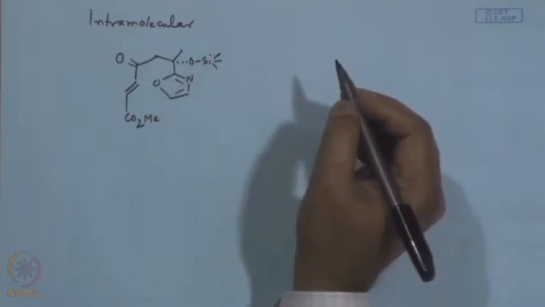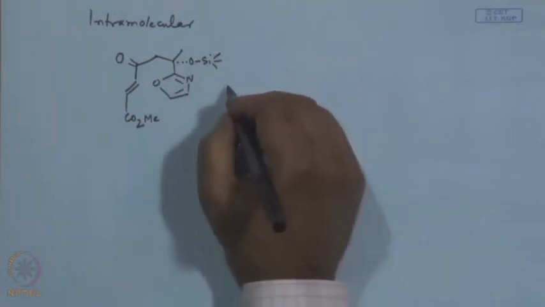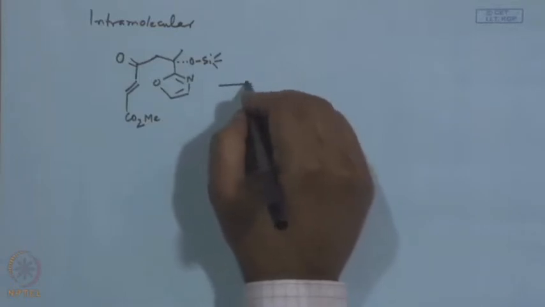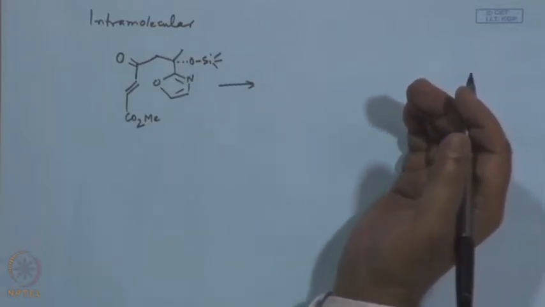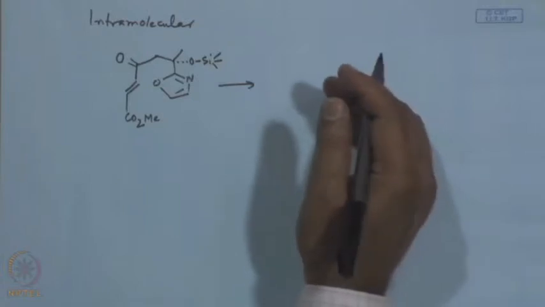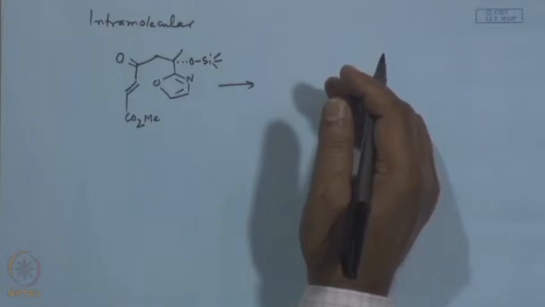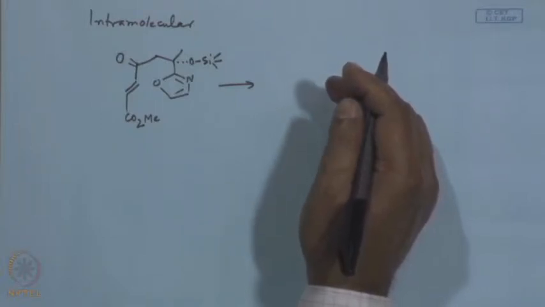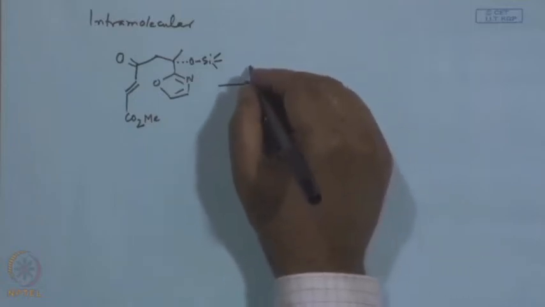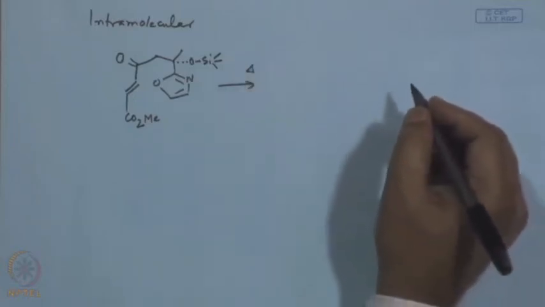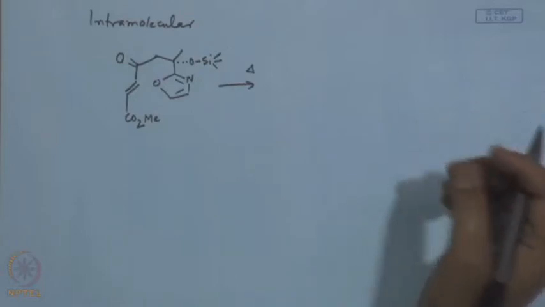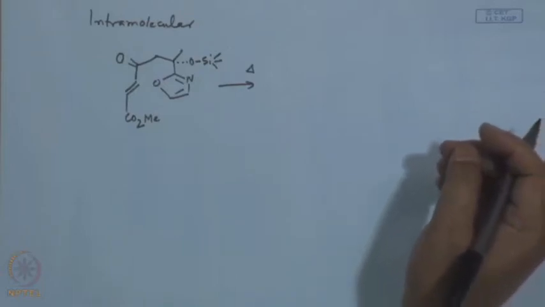In this case there is a tertiary alcohol and the corresponding silyl protected group. By giving you this example, I want to demonstrate that these reactions are very useful for constructing pyridine nucleus with multiple substitutions. The reaction conditions are often just heat. So what is the product? I think all of you can work out the product.